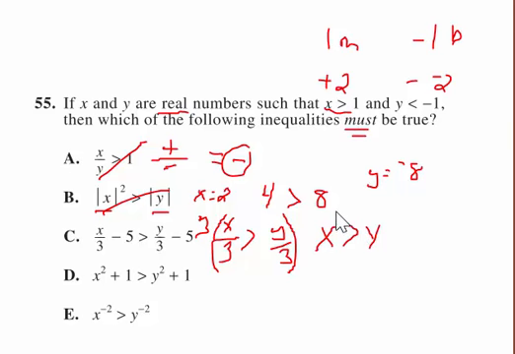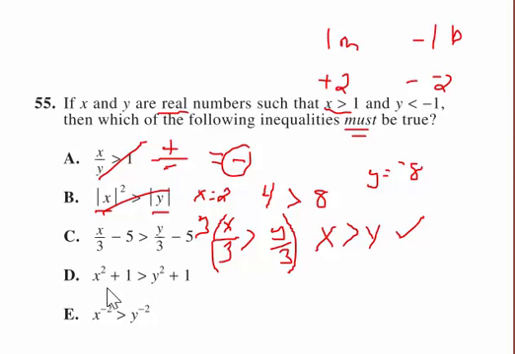X is always positive, which is what we're given up here, and y is always negative. So that's actually always going to be true. X is always going to be greater than y. Hey, I like it when it's the third one, not the last one. But let's go through and check the rest of them, just to be sure. It's good practice and good review.